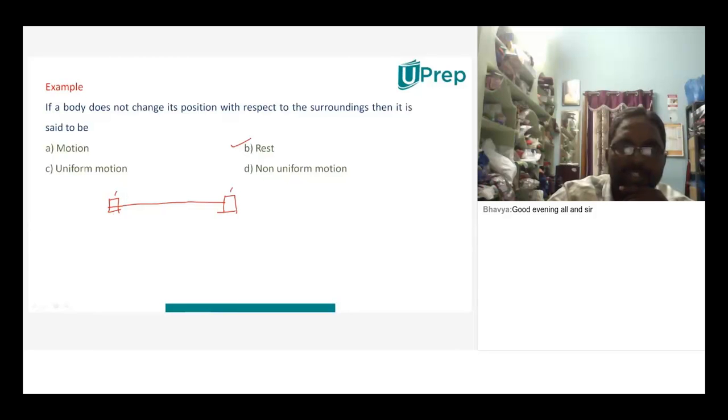Let us say the distance from here to here is 60 meters. In the first minute, it traveled a distance of 20 meters, in one more minute it traveled 20 meters, and again in 1 minute it traveled 20 meters. Now totally how much did it travel? 60 meters.